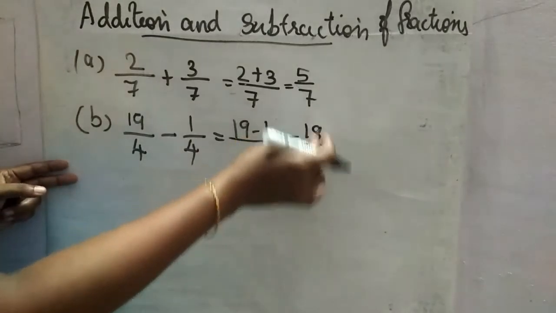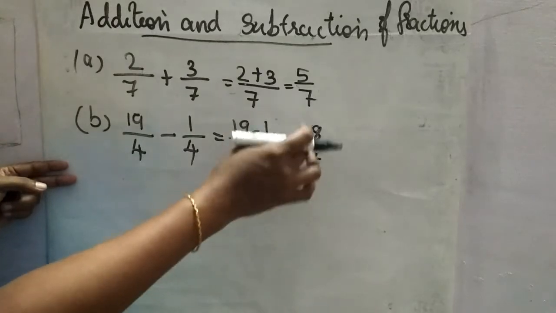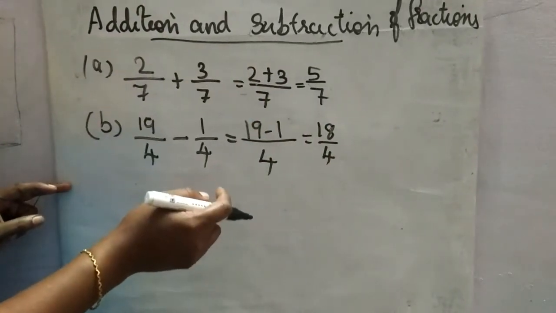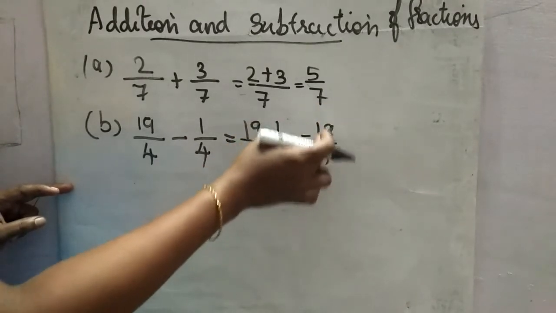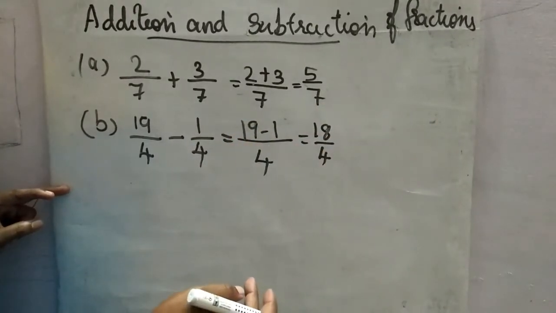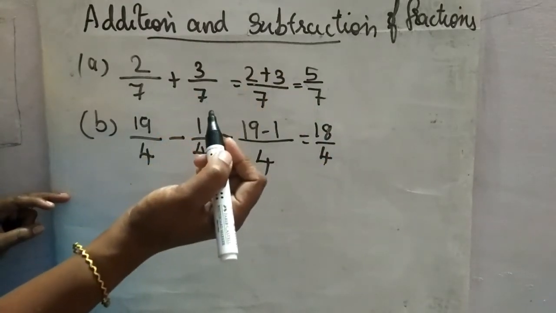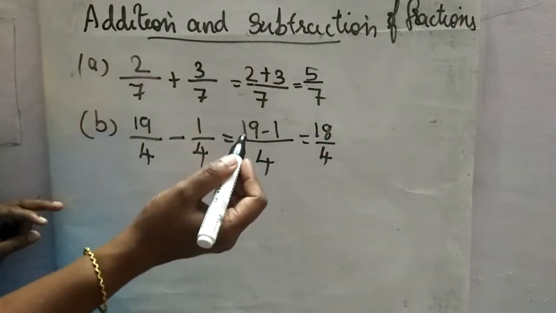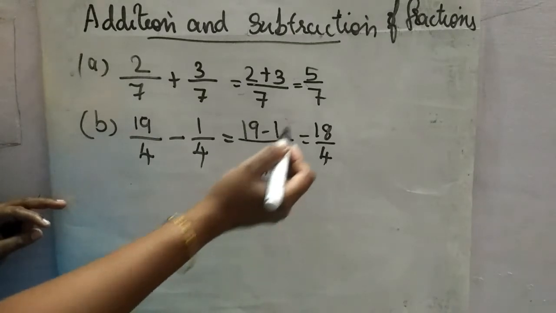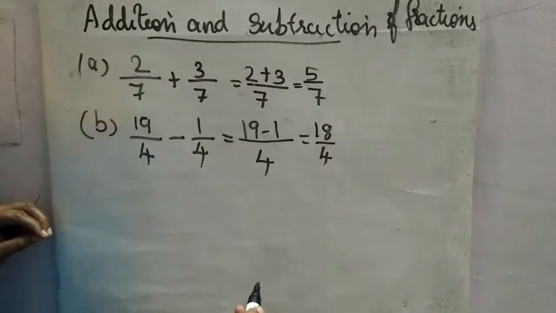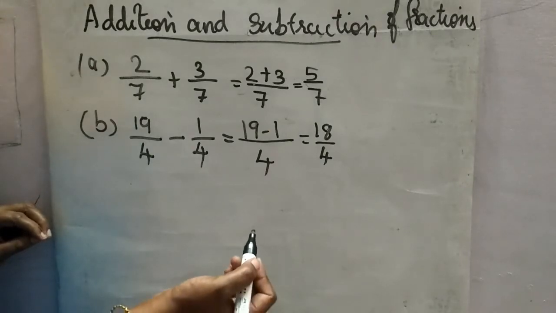Both numbers are even numbers, and we can reduce these terms by dividing by 2. How do you reduce the fraction? By finding the HCF, and we divide the numerator and denominator by the HCF to reduce it to the lowest term.